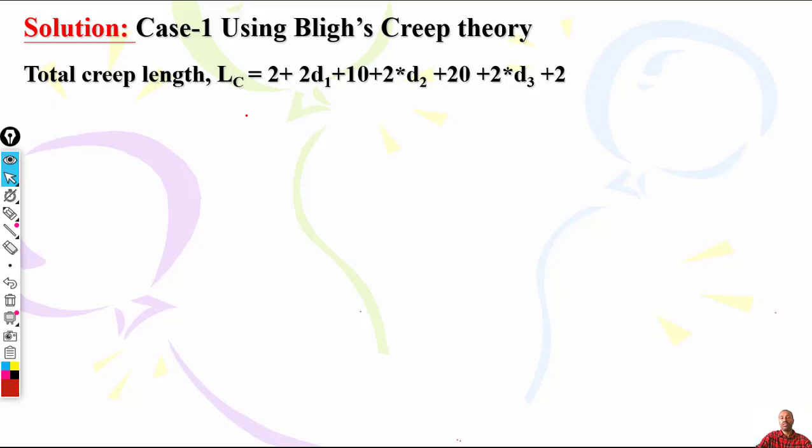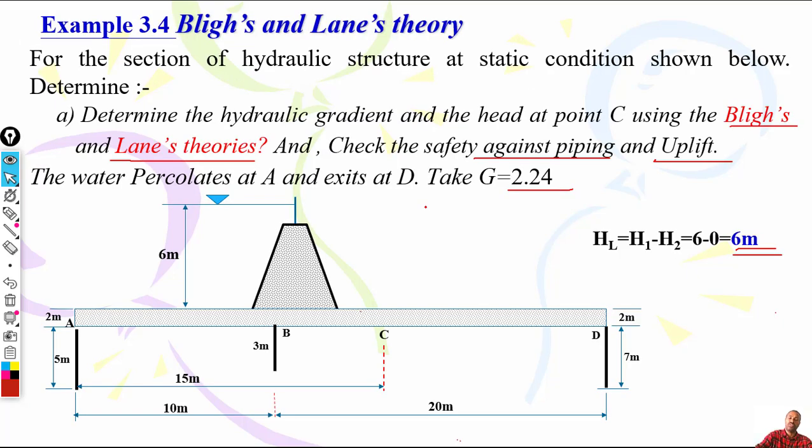Total creep length will be 2 plus 2 times D1, because you have the depth twice, and then 10 plus 2 times D2 plus 20 plus 2 times D3 plus 2, according to the drawing. If you see this drawing, the seeping of water is going like this.